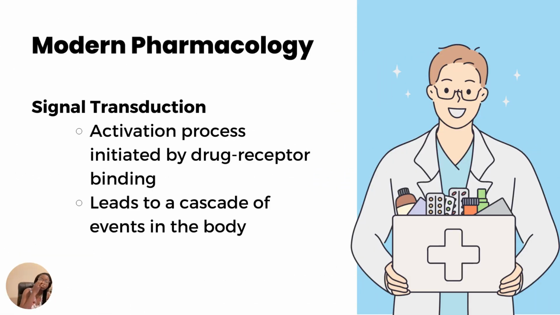Now when a drug binds to its receptors, it doesn't just stop there. It sets off a series of events, like dominoes falling one after the other. This process is known as signal transduction. Through this, a single drug interaction can amplify and lead to several different physiological changes.